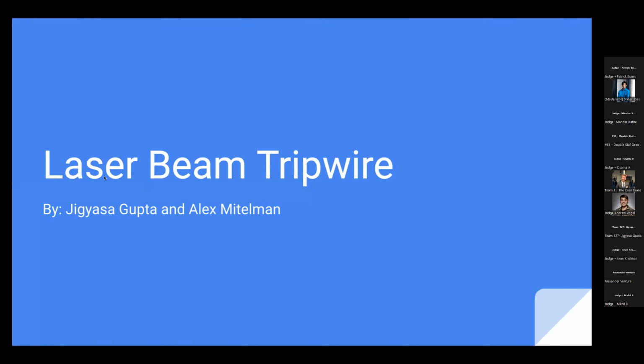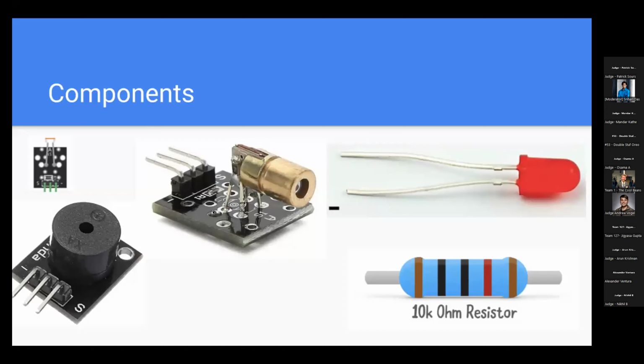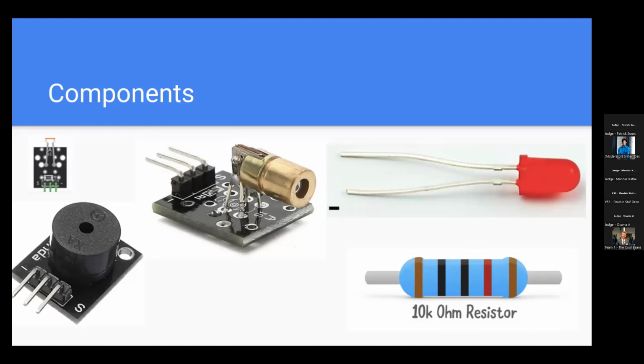We are the laser beam tripwire, and this is what our project was. In our project, we use various components like a laser, a buzzer, and the MCU Arduino board. Our main purpose was to create some kind of safety device that you can put in your dorm room, because you can't just put a Ring doorbell on your dorm room.